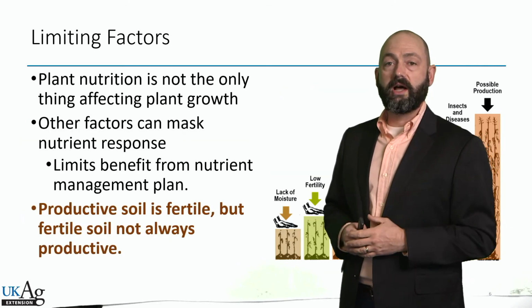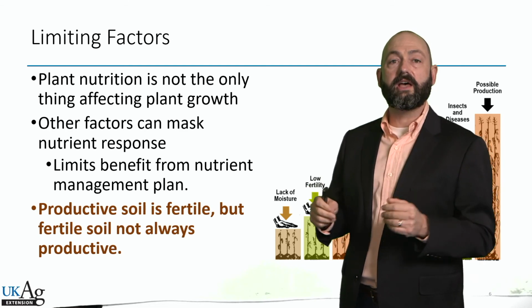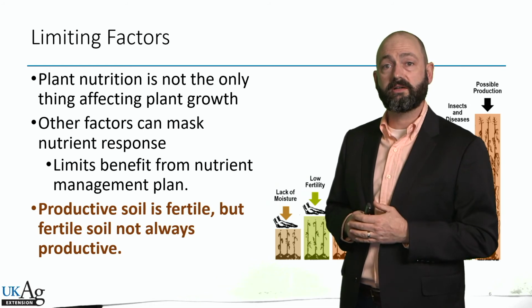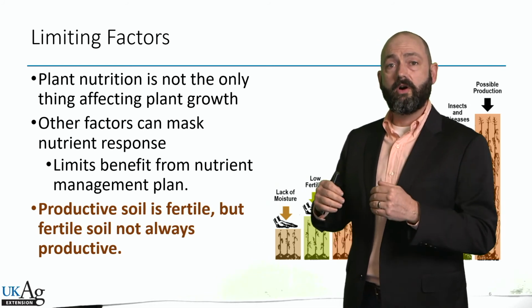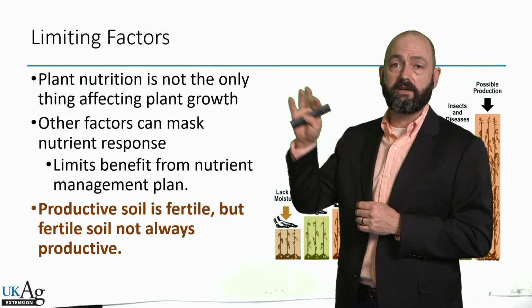So one important concept with soil fertility, though, is there's an old saying that says a productive soil is always fertile, but a fertile soil isn't always productive. What does that mean? Well, there are other factors that influence total plant potential and yield and growth.